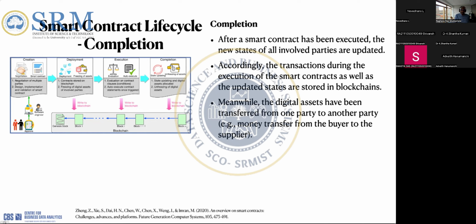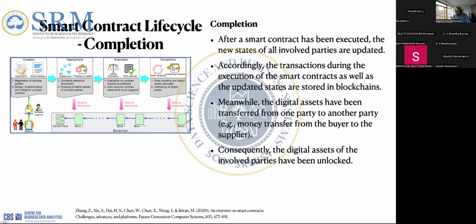And the digital assets have been transferred. So in this case, 0.05 Bitcoins are transferred from the buyer to the seller, and the money is transferred. And if there are shipping costs, then automatically there is another maybe smart contract transferring money from the supplier to the carrier, and all other things will be transferred, right?